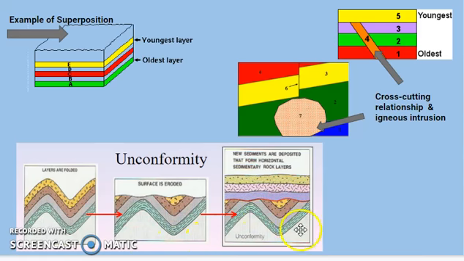Down here's a great example of unconformity. And that shows you how the layers initially kind of got bent or folded here. And then over time, the surface eroded and took off some of the layering. Additional sediments came and laid on top, leaving some unconformity or gaps in the fossil history here. But because we understand the law of superposition, we got it.